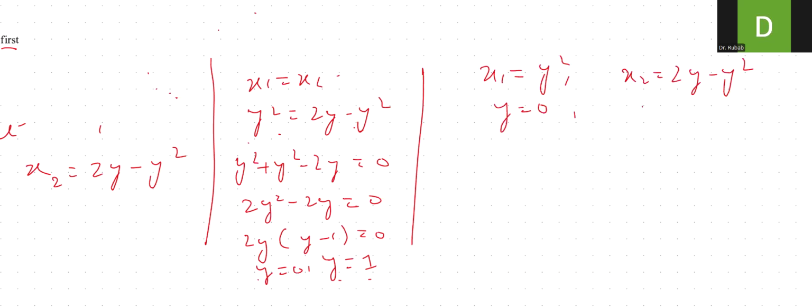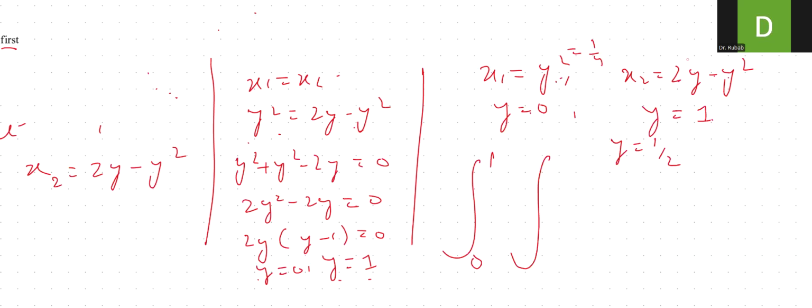Now I have to write from 0 to 1, which one is bigger, y square or 2y minus y square? So I can take 1 by 2 between 0 and 1. y is equal to 1 by 2. It becomes 1 by 4. It becomes 1 minus 1 by 4, that is 3 by 4.